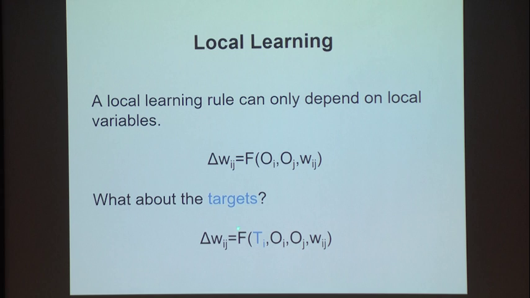Now, if you are at the output layer, and again, I'm just thinking about forward networks for now, you may also have targets, right? You may know what is the right response at the output layer.